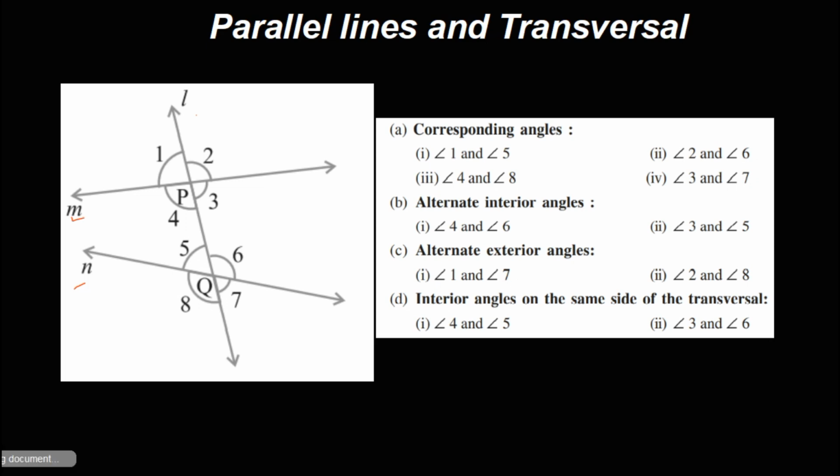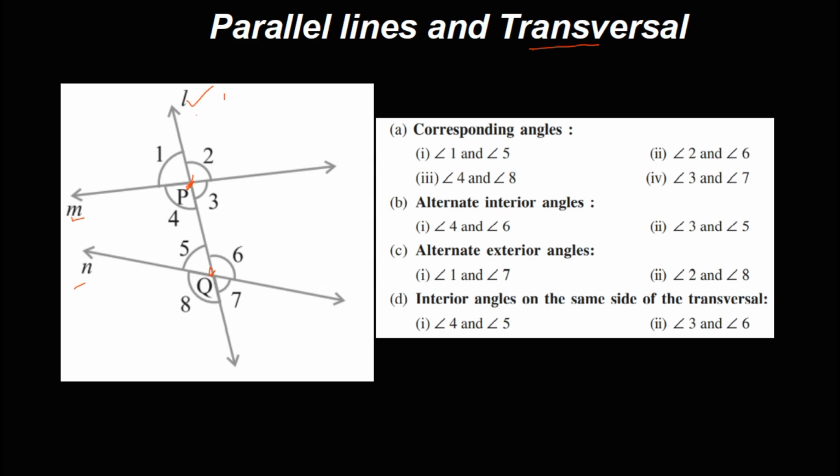So which line is called a transversal? You can see in the figure, they are non-parallel lines, not parallel to each other, but a third line is intersecting. The definition of transversal says that when one line intersects two given lines at two different points, then this line can be called a transversal.